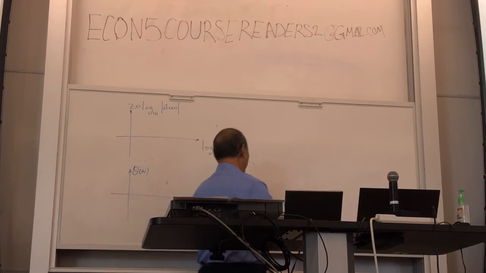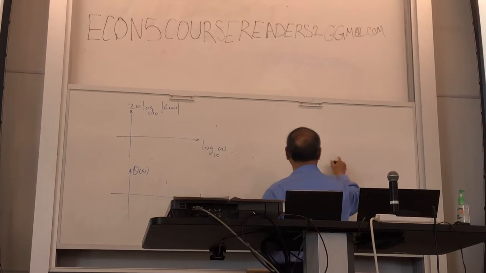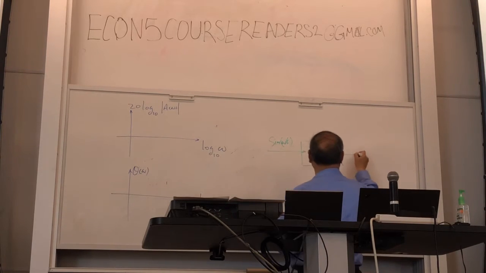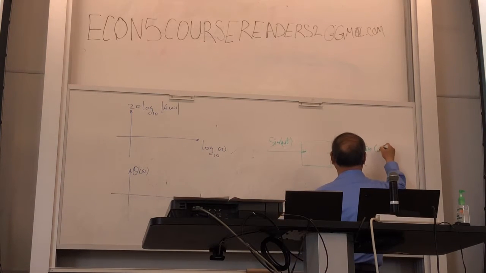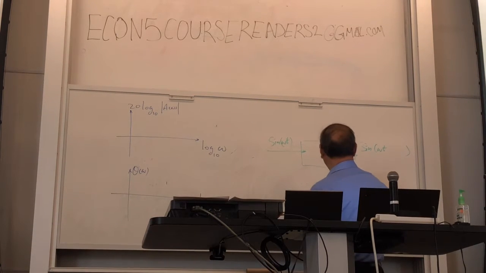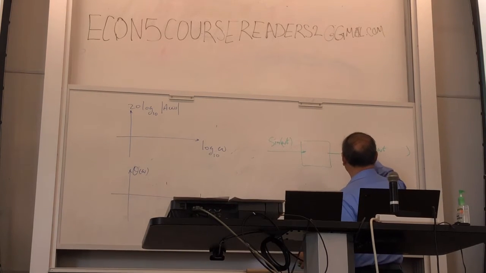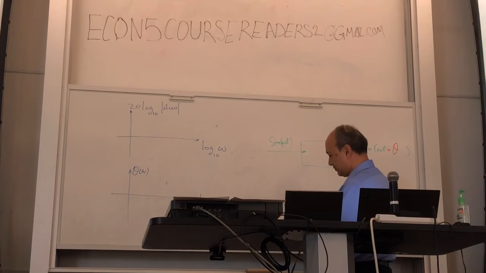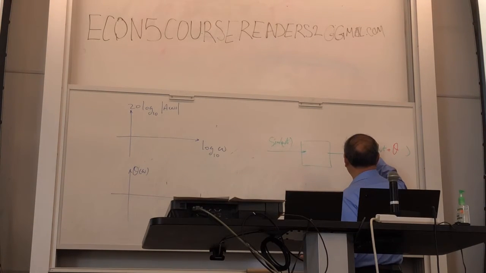As I said, I have a system. You have sine omega in. I have sine omega out. But this sine omega out has a different amplitude and a different theta. Different theta. And this amplitude is a function of omega.